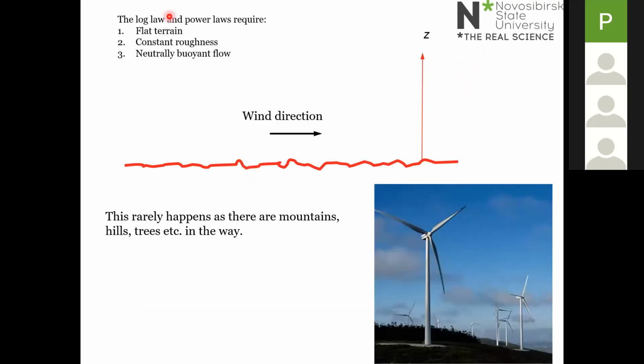Okay, the problem with those laws, and they're not really laws. I mean, they have nothing like the status of Newton's law. They require flat terrain, constant roughness, and neutrally buoyant flow. And you don't get that very often with wind farms.